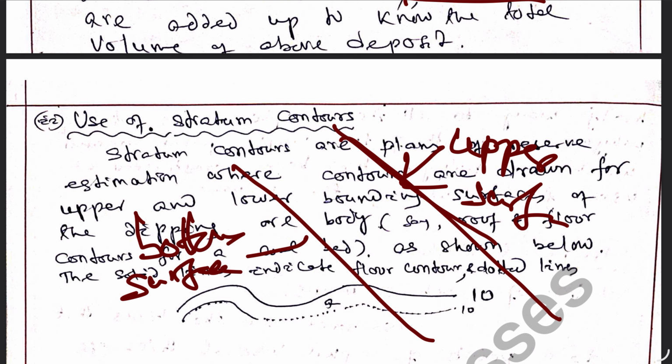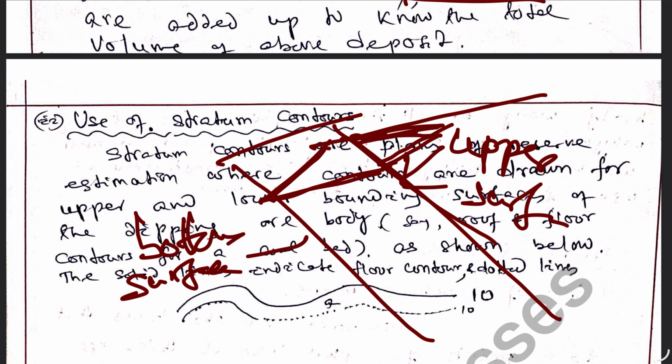So let us say the ore body is occurring like this. So this is the area within the body. The upper surface line will come up here, the lower surface line will come up here.